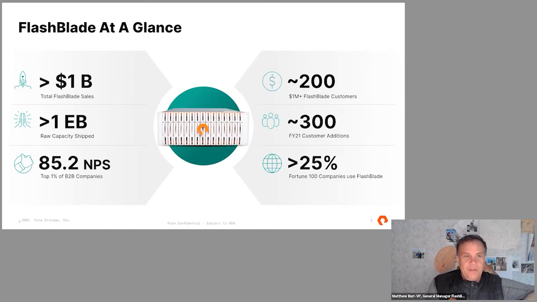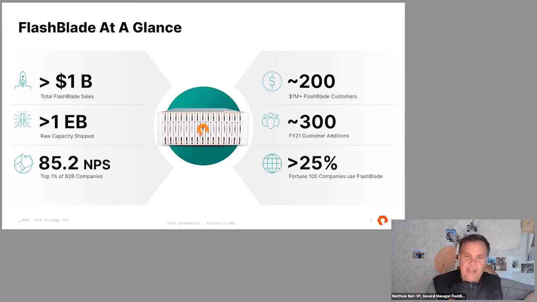But the whole circle of life of that relationship is predicated upon having successful customers. And in order to have successful customers, you also have to have a business that can scale to support these kinds of numbers. So I'll start with the exabyte of capacity.